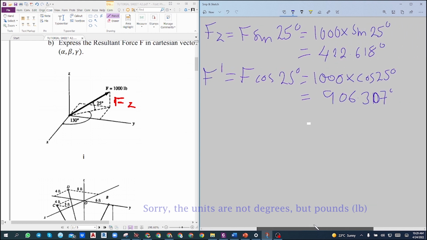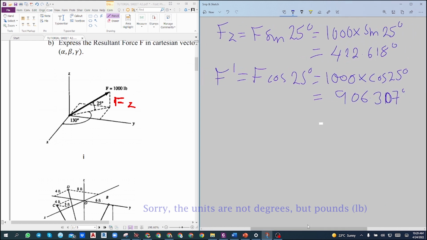Then from here, dear student, you use this F prime you have found to find FX and FY. So FX will be equal to F prime multiplied by, since this 130 degrees is on the x component and the angle is being measured from the x component, in this case it will be cos 130 degrees.